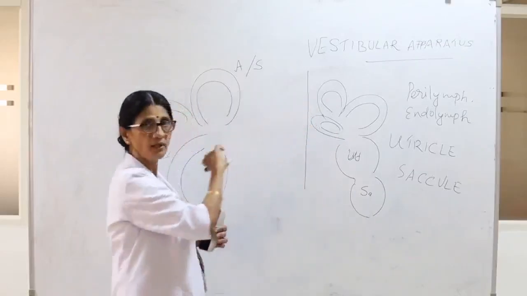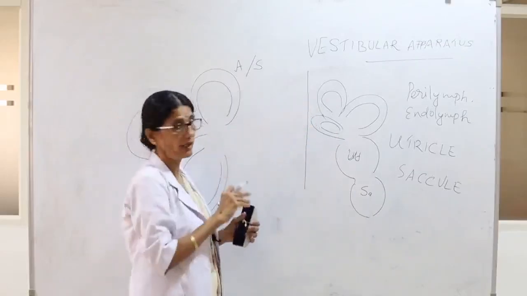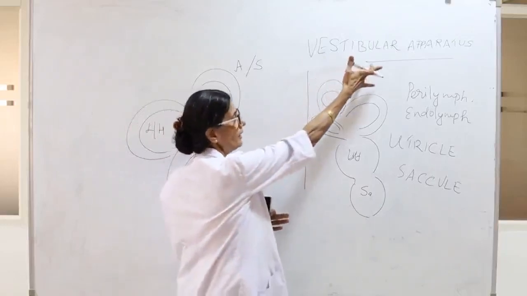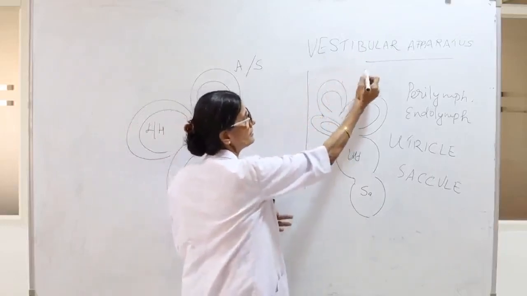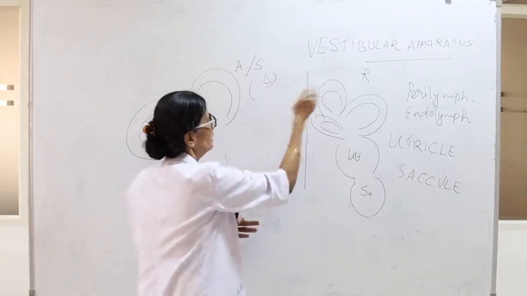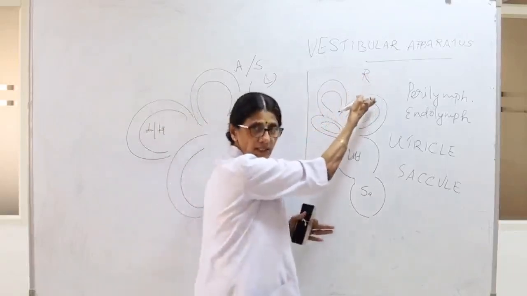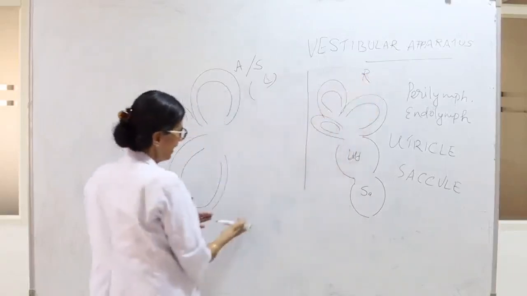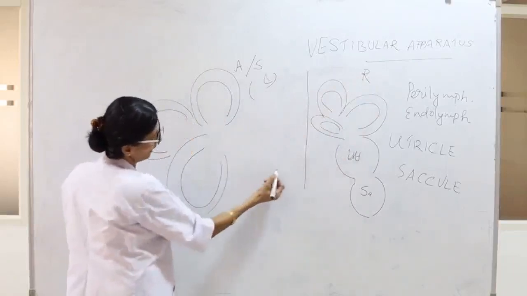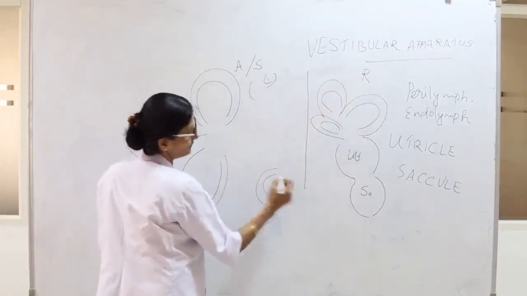And we have to understand one more point. Let us say this is the right side and this is the left side. The anterior canal on the right side will be in the same plane as the posterior, or inferior, canal of the left.